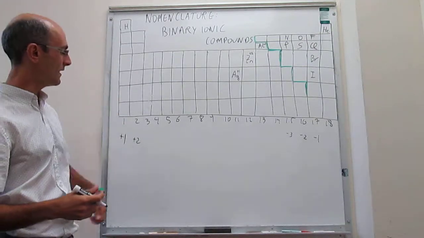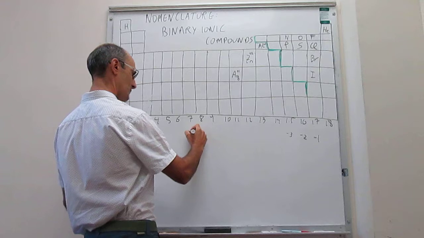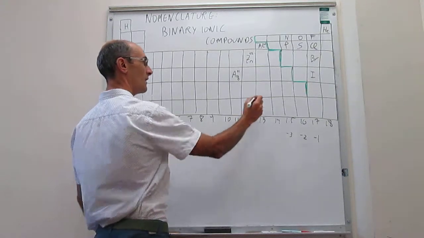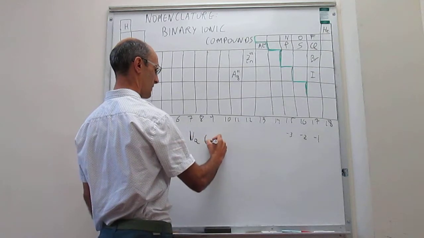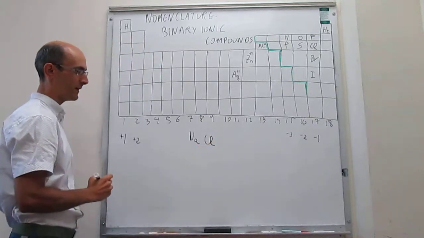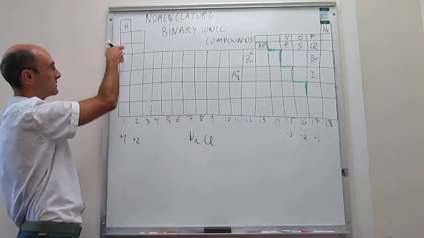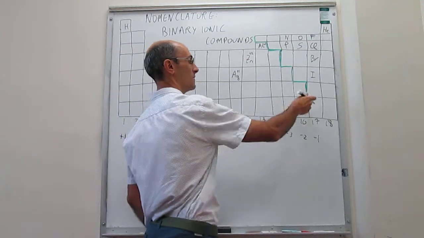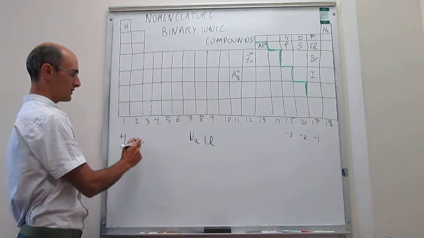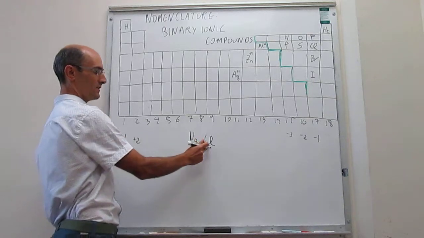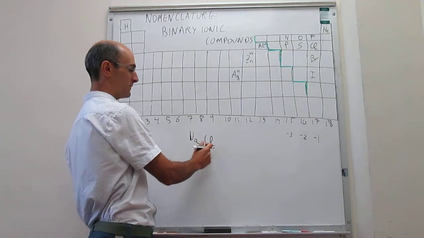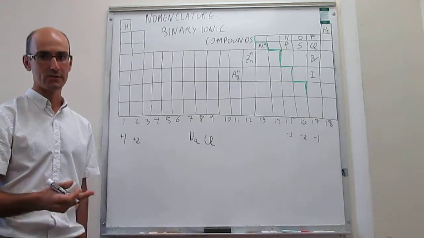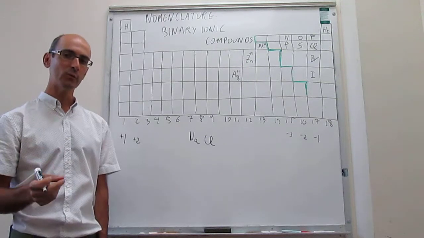For example, imagine that we take sodium and chlorine. That will be the compound formed by sodium and chlorine. Sodium belongs to the alkali group, and chlorine belongs to the halogen group. So the charge of sodium will be +1, and the charge of chlorine will be -1. Overall, this compound is neutral. How do we name this compound?